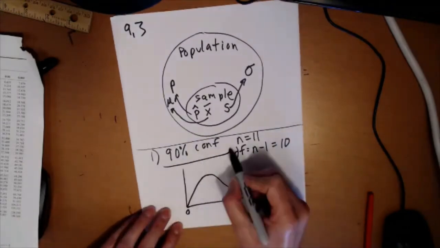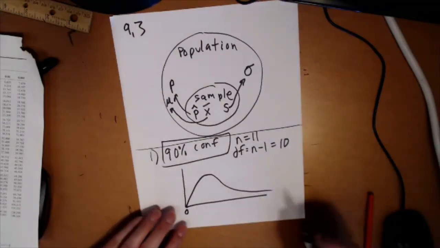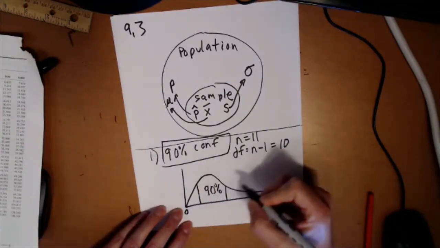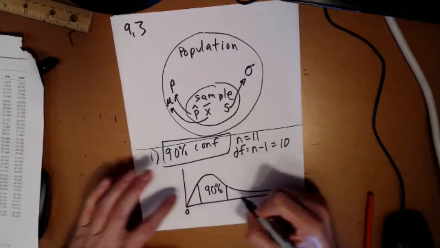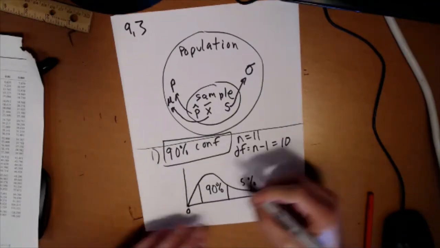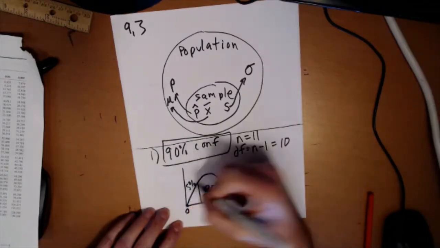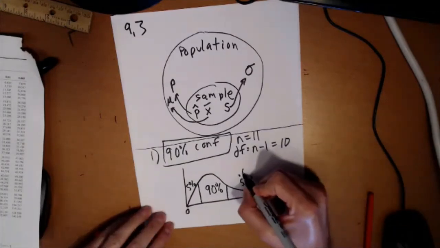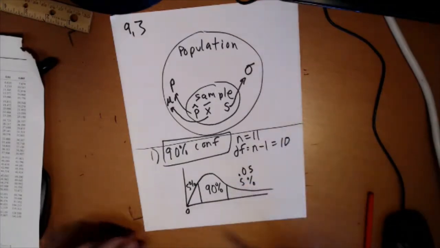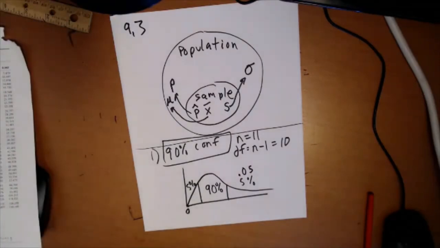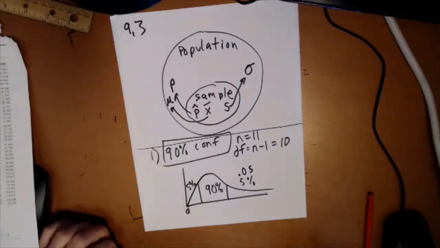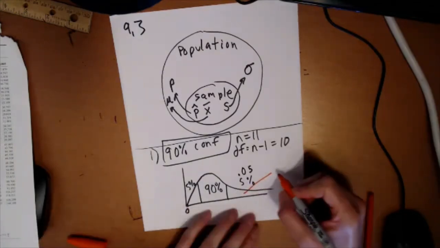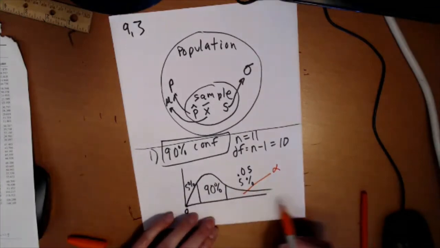Okay, 90% confidence. That means 90% in the middle, so 10% left over: 5% here, 5% here. This is when it gets a little bit tricky. Our chi-square table is a weird right tail table. At the very bottom, it says that this area is alpha, so it's coming from the right.